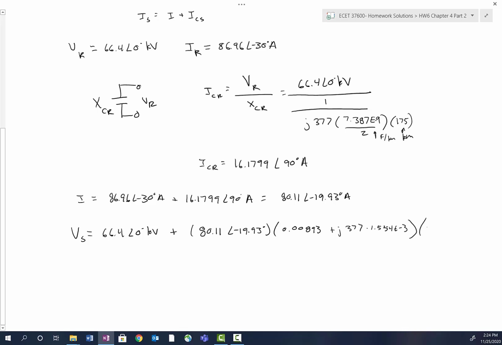We need to multiply that by line length in kilometers again. And so I got a source voltage of 69.7 kV at an angle of 6.3 degrees, which if we want it on a line-to-line basis, multiply that by root 3, which is 120.8.